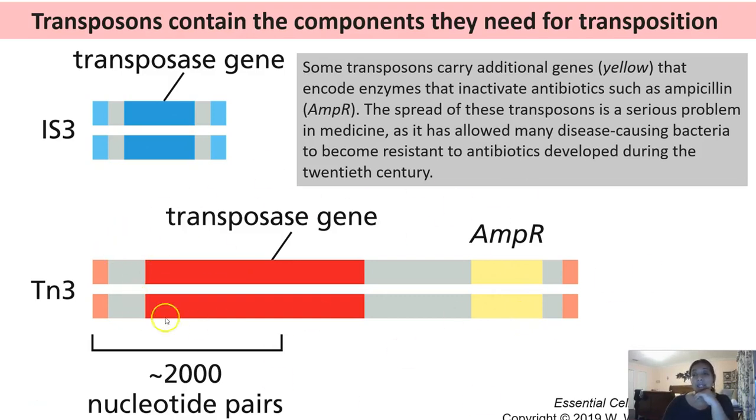So this is actually how you can create antibiotic resistance, and the spread of these transposable elements in different organisms, if they were able to move from one bacteria to another, which they are in many cases, will lead to more and more antibiotic resistant bacterial strains in the world. So that is an important consideration for these transposons.